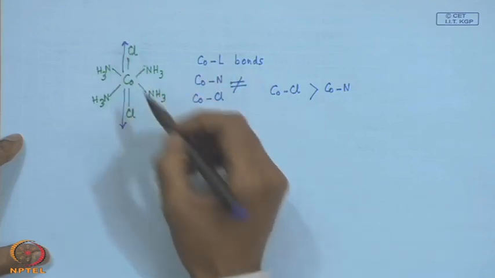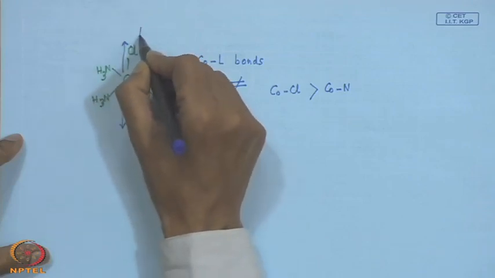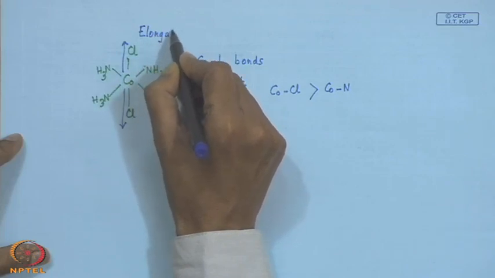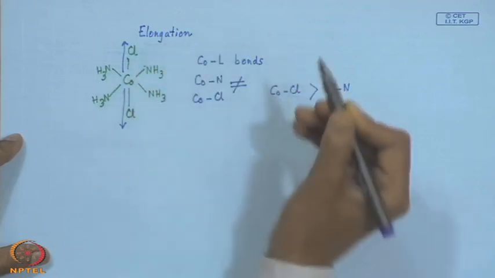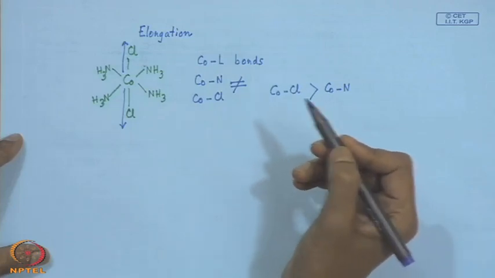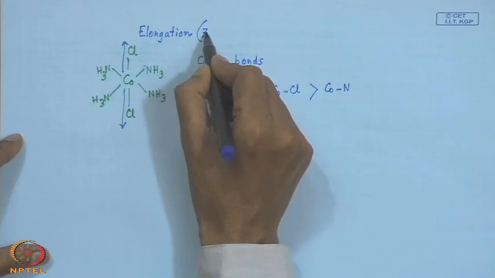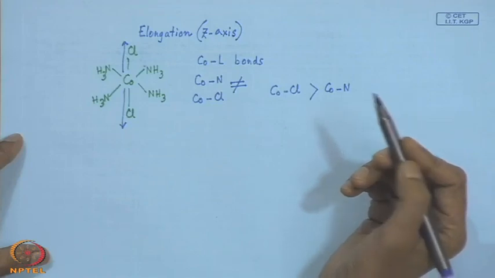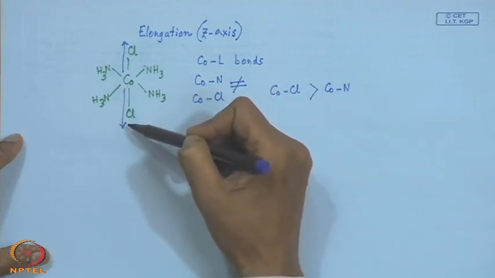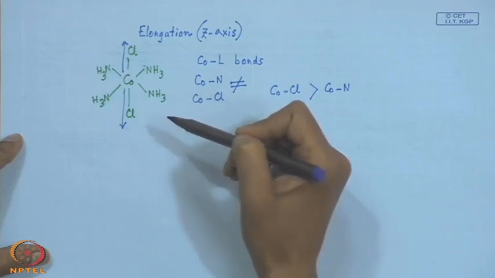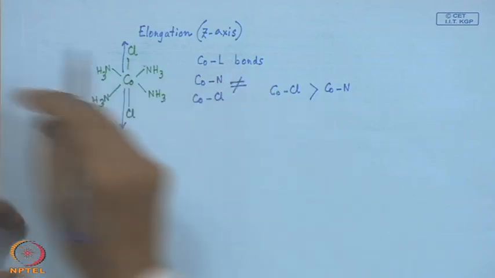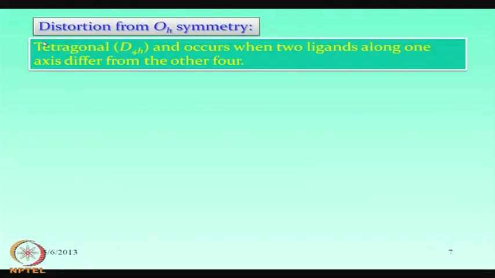So, it has some elongation along the z axis, and therefore it is an elongated structure of a typical octahedron. So, we have 2 types of tetragonal distortions.